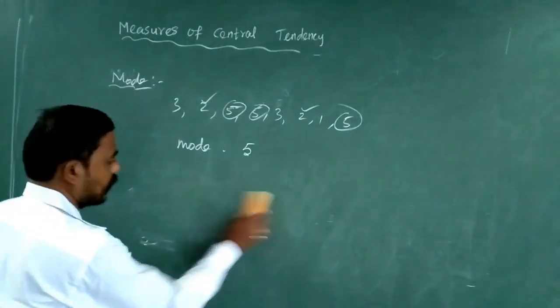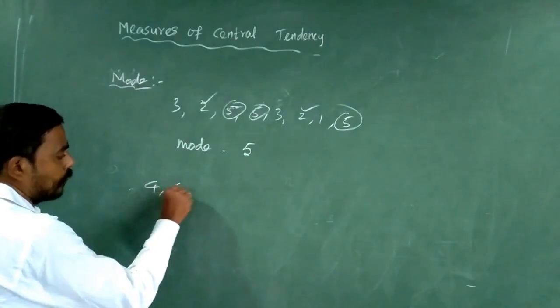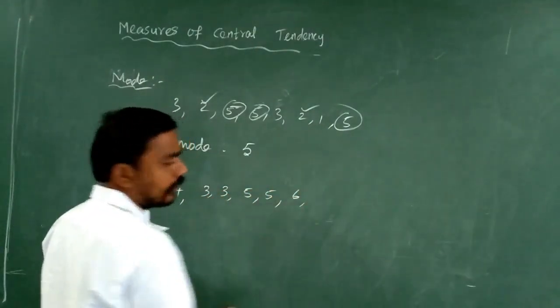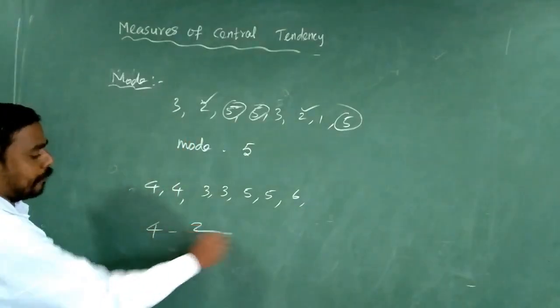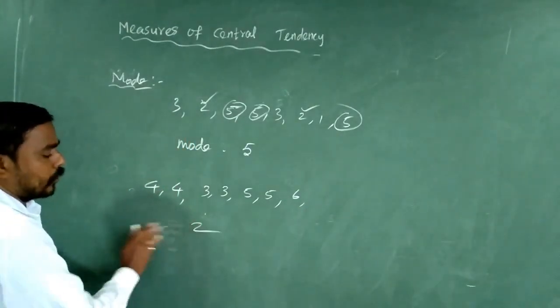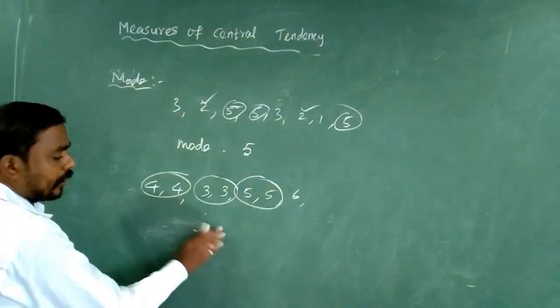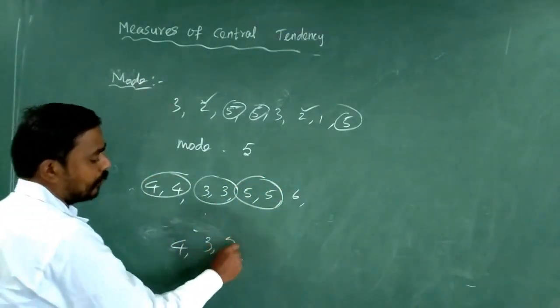Suppose the data is given like this: 4, 4, 3, 3, 5, 5, 6. Now 4 occurs twice, 3 occurs twice, 5 occurs twice. Now what are the modes? 4, 3, 5. This is not unimodal.